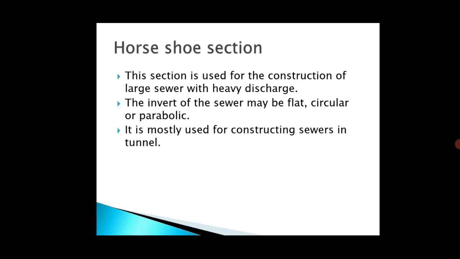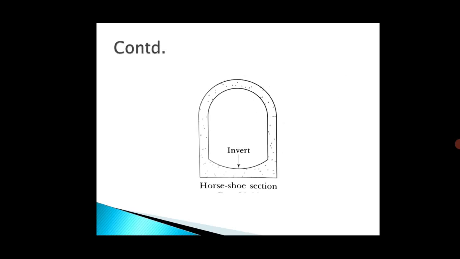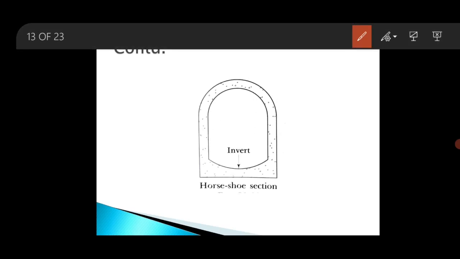Then next one is horseshoe section. The horseshoe section of sewer is used for the construction of large sewers with heavy discharge. This is the diagram of horseshoe section. It is generally adopted for outfall sewer or trunk sewer where the discharge is very heavy.